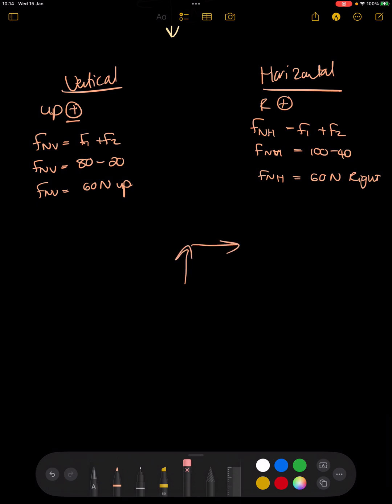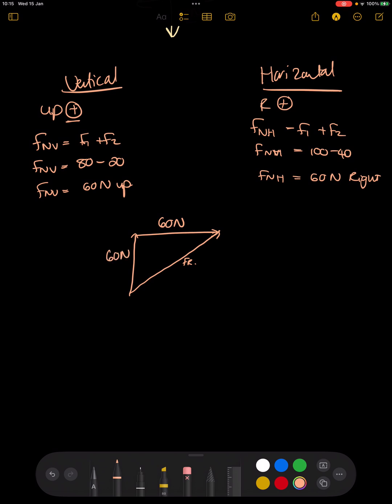Okay, now to calculate what my resultant force is going to be, my total final force, I'm going to draw a triangle. So I know that it moved upwards and I know that it moved right. So it's gone up and right, and I'm going to connect that line over there. This is going to be my FR. What I'm going to do now is my horizontal, I'm going to make 60 newtons, and my vertical is also going to be 60 newtons.